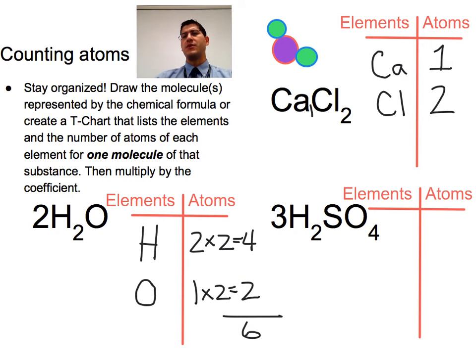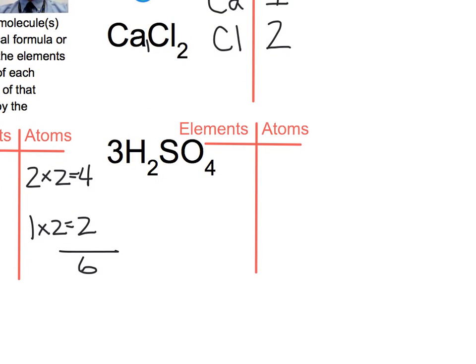Let's look at this last one. This is sulfuric acid. It has 3 elements, hydrogen, sulfur, and oxygen. Each molecule of sulfuric acid has 2 hydrogen atoms, 1 sulfur atom, and 4 oxygen atoms. We can tell by the subscripts. This formula, though, represents 3 molecules.